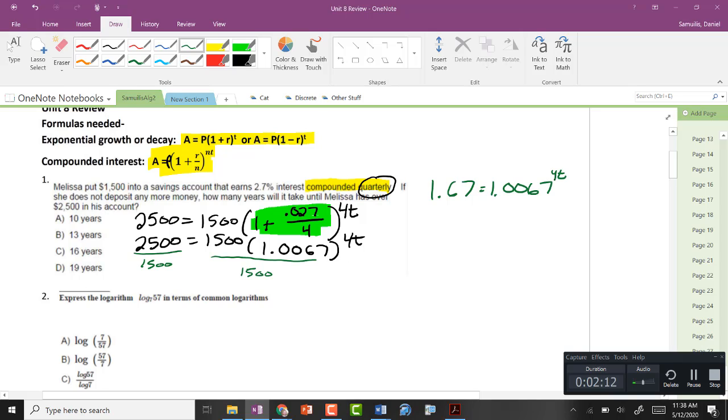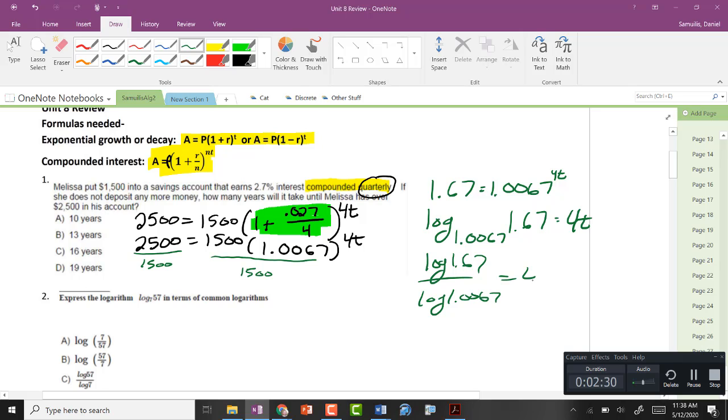Now how do I solve for an unknown exponent? Yes, convert to a logarithm. Log base 1.0067 of 1.67 equals 4t. So we use a common log formula. Equals 4t. So we'll go ahead and calculate that.